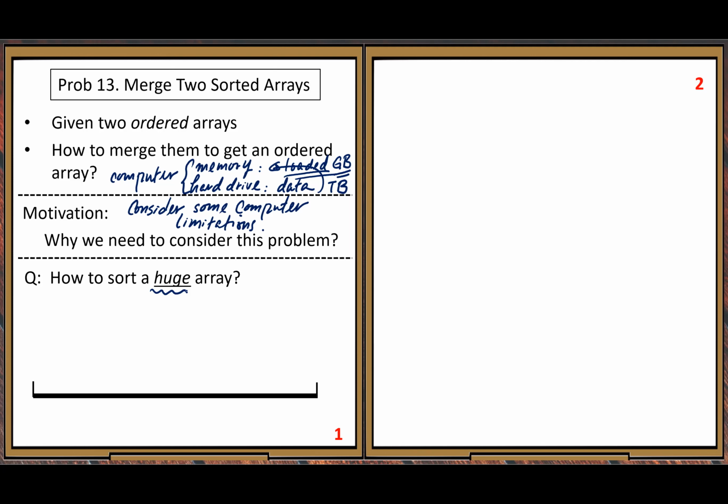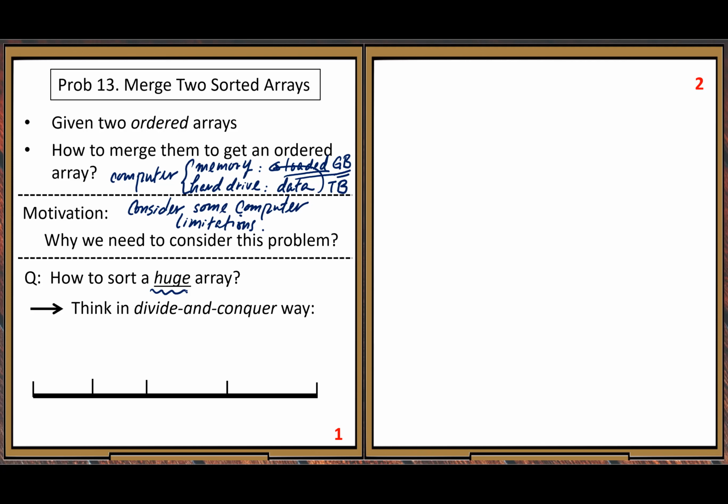Then we use divide and conquer, the topic of this module. We can divide it into several smaller pieces, and each piece can be loaded into the main memory. So we divide it into several subarrays and make sure each subarray can be loaded into the main memory at once.